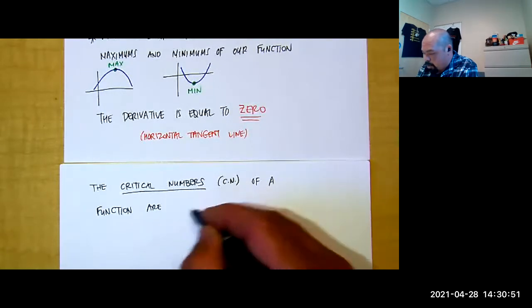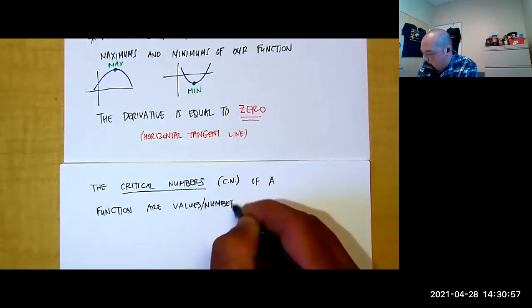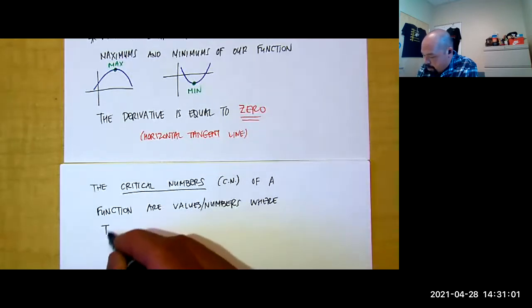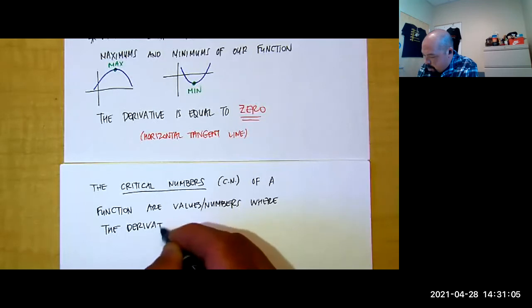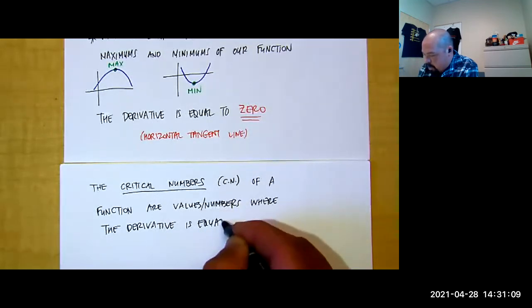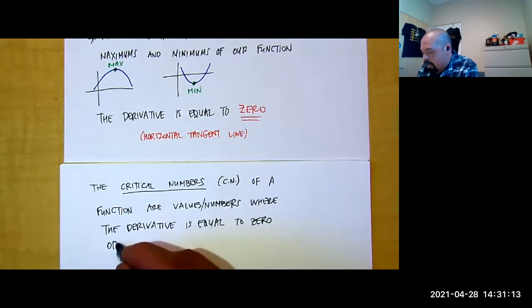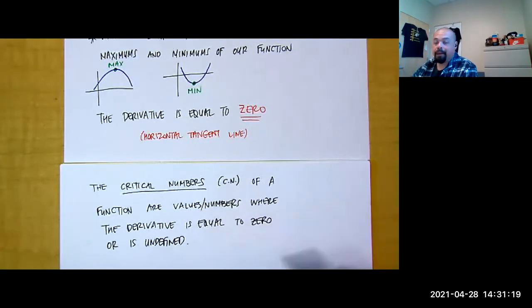These are values, numbers, where the derivative is equal to zero or is undefined.